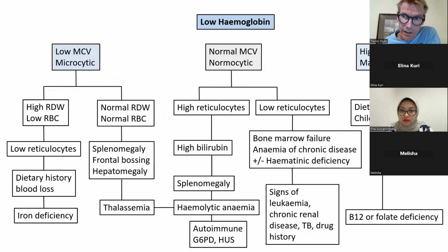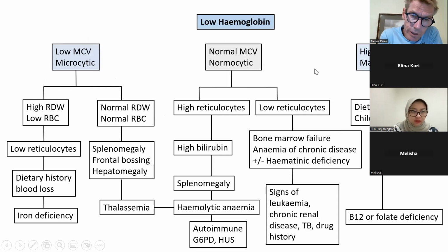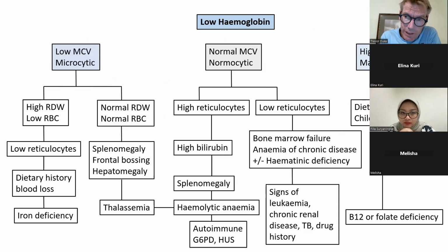Last week we talked about a system that you can go through to identify different causes of anemia, and it starts, as I said before, with the hemoglobin and then with the MCV. I won't go through all this again today because we talked about it last time, but using this framework, you can work out the underlying cause of most causes of anemia by taking a good history, doing a thorough examination, and then looking at the full blood count in detail.